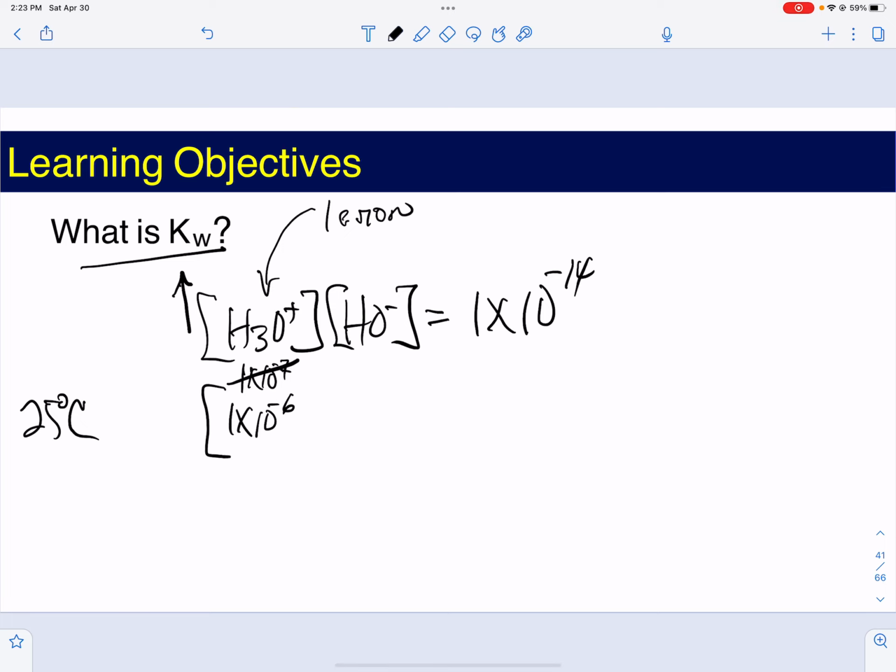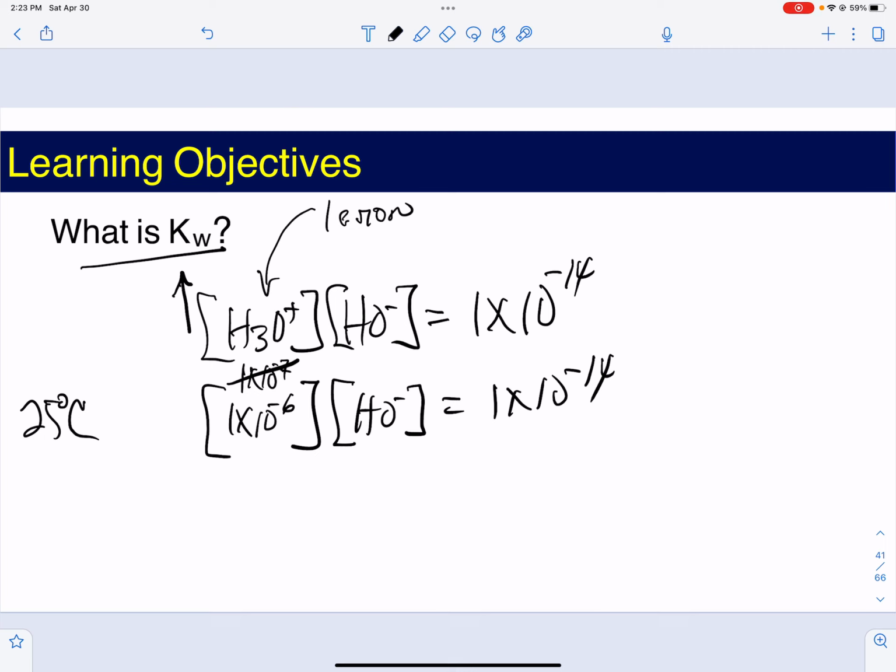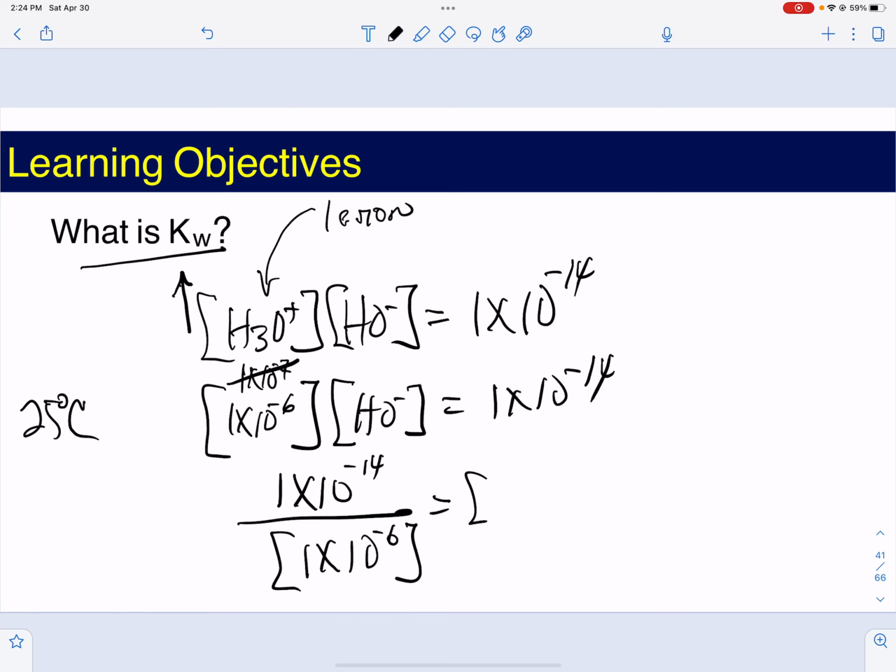So according to this constant, no matter what, it has to give me 1 × 10⁻¹⁴ at 25 degrees Celsius. In other words, if I take the Kw value and I divide it by the amount of the acid, that gives me the amount of hydroxide, which in this case is 1 × 10⁻⁸.